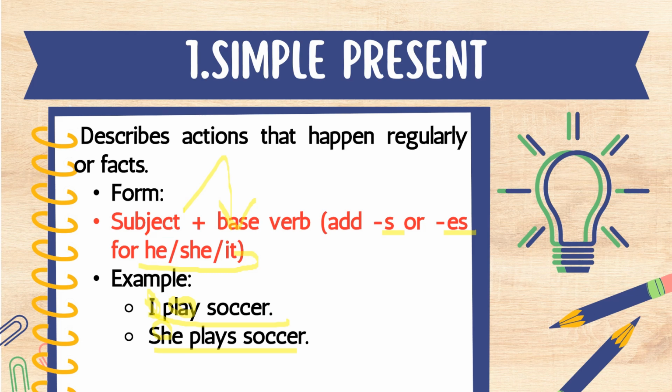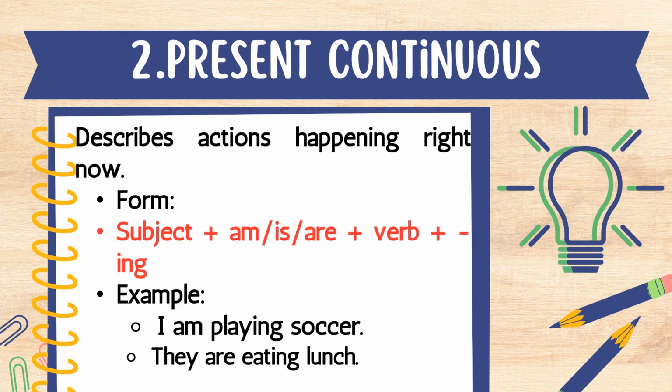Okay, clear? Next comes the second type, which is present continuous. In present continuous, it is telling you about an action happening right now. That means it is talking about the present time. So how could you form a present continuous tense?